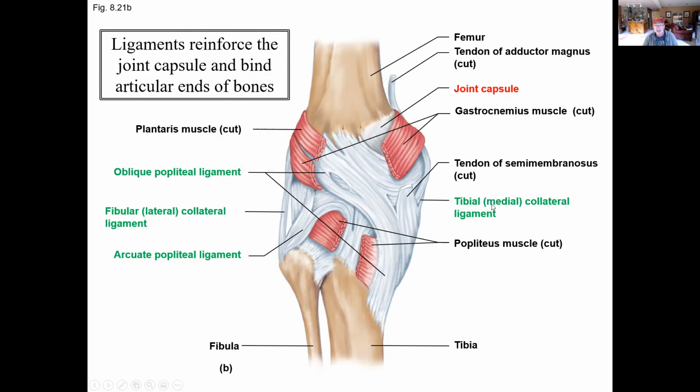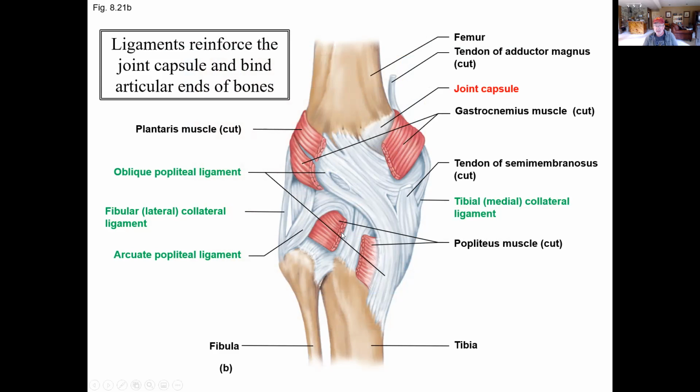You don't need to know the names of these, but I've outlined them in green just to give you an idea of the extensive networking of ligaments. Here's our lateral and medial collateral ligaments that you saw in one of the earlier diagrams, but there are additional ligaments that are further supporting and reinforcing the external part of the joint capsule.